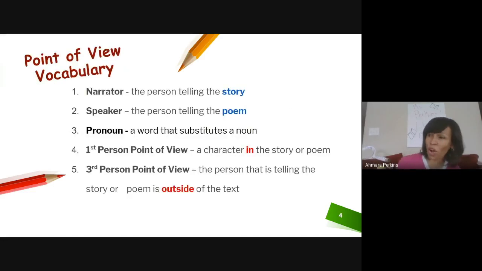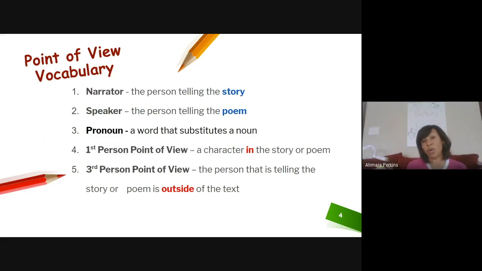Before we move too far into our lesson, we have to understand critical vocabulary words. Critical vocabulary words are words that we need in order to make sure that we understand what we're learning. Our point of view vocabulary words are narrator, speaker, pronoun, first person point of view, and third person point of view. The narrator is the person telling the story.